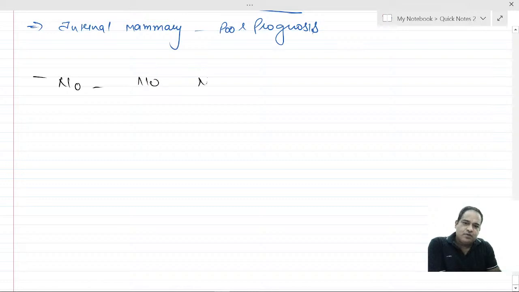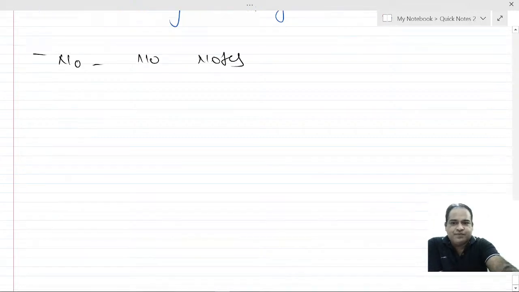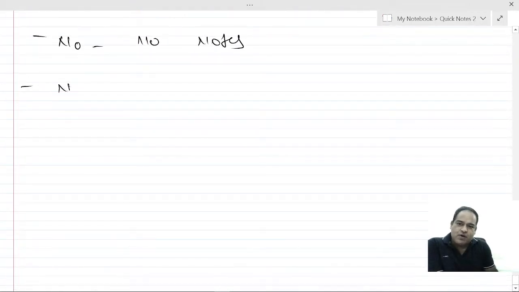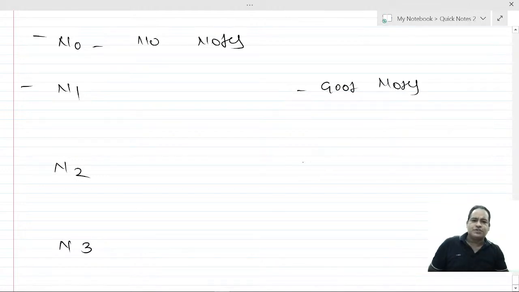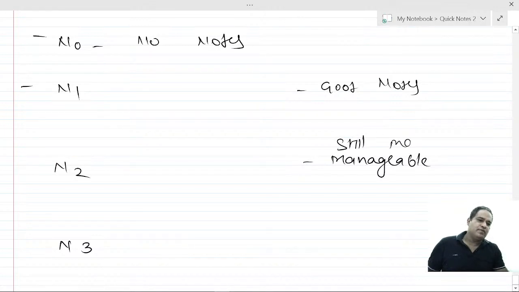See, N0, no nodes. Fine. When we talk about N1, N2, N3, we say good nodes. I mean, there's nothing good in nodes. But good nodes are still manageable.